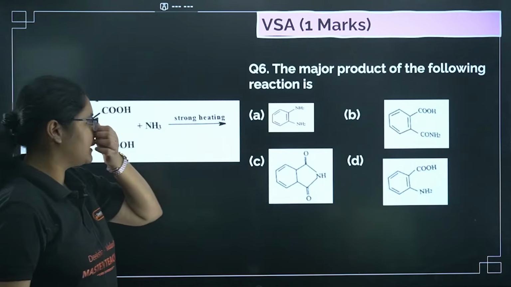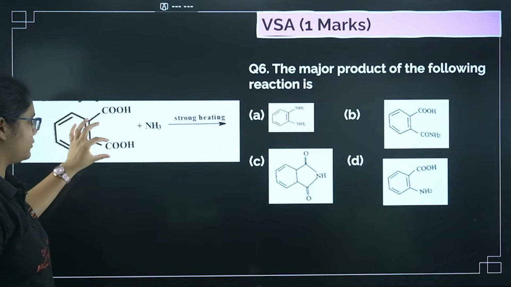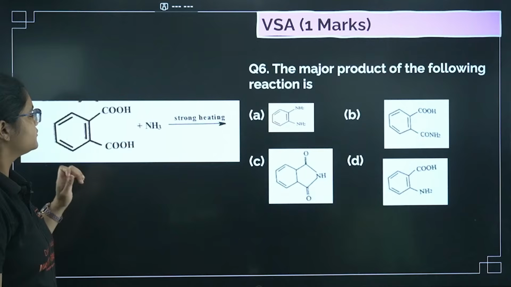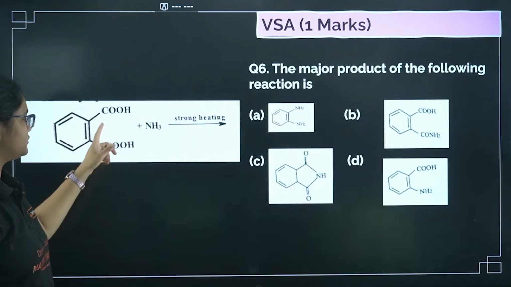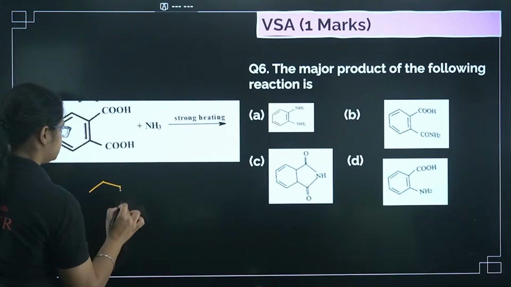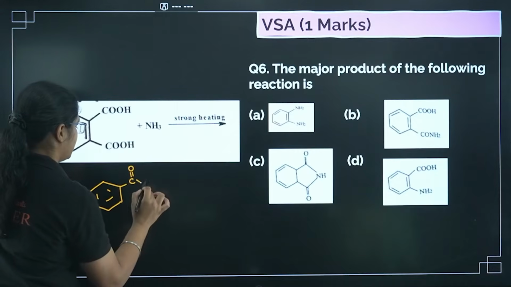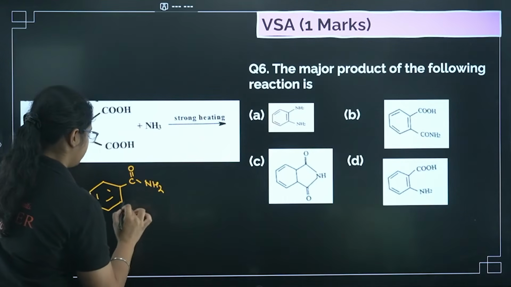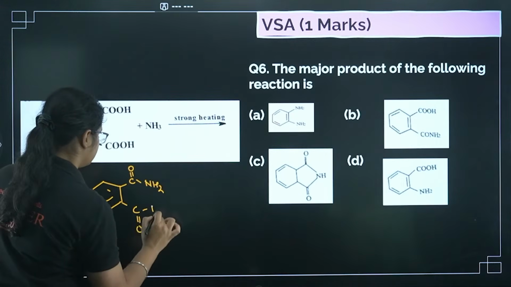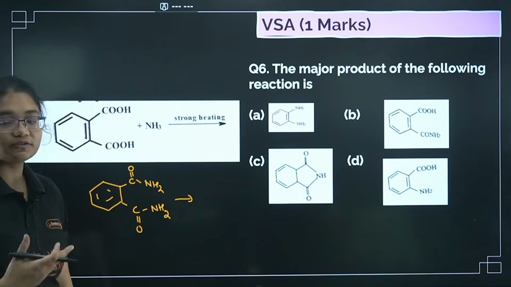Next question, the major product in the following reaction is, so we have COOH, COOH and NH3 is there. Okay, so what happens in this particular reaction? First there is amide formation. So first step what happens, we get a compound like this. You have C double bond O NH2, and then you have C double bond O NH2. Now in this NH2 and NH2 there is a loss of ammonia.